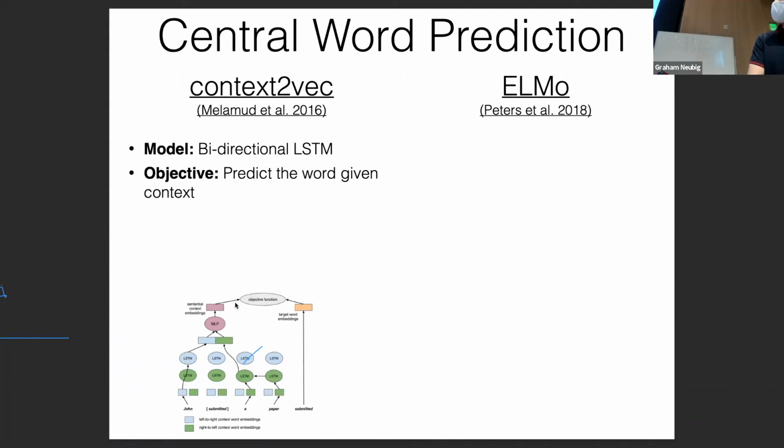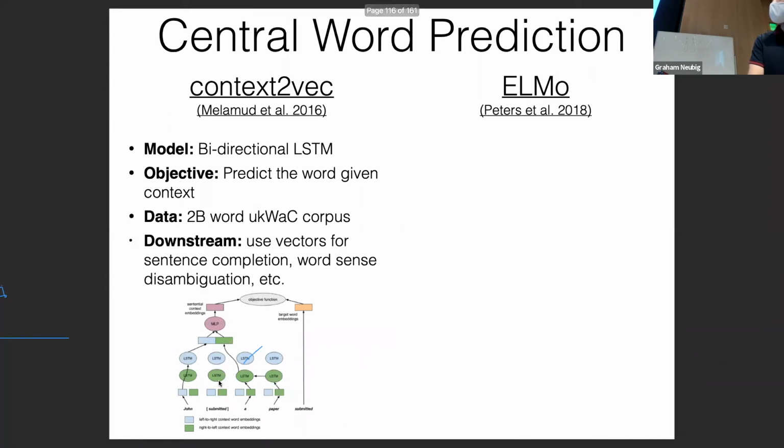So for this language model, you would feed in the first word into the forward LSTM, you would feed the later words into a backward LSTM, and then in the middle, you would predict the word that's missing here. So this is a bidirectional prediction objective. This was trained on a 2 billion word corpus and used for lots of things like sentence completion, word sense disambiguation, etc. The results were actually pretty convincing, and this kind of spurred interest in this idea of contextualized representations.